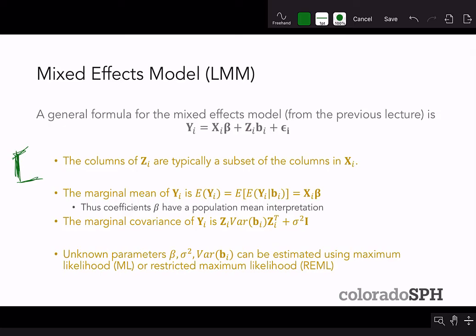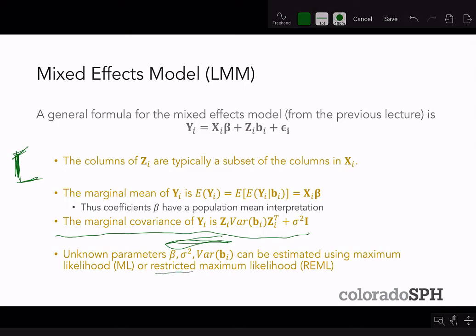You can get the marginal mean, also known as the population level mean for your data, which is just X beta. And you can also calculate a marginal covariance, which I'm not going to derive, but I'm giving you the formula of that here. And then any of the parameters that you're interested in, the betas, the fixed effect parameters, the population parameters, can be estimated using either maximum likelihood or restricted maximum likelihood.